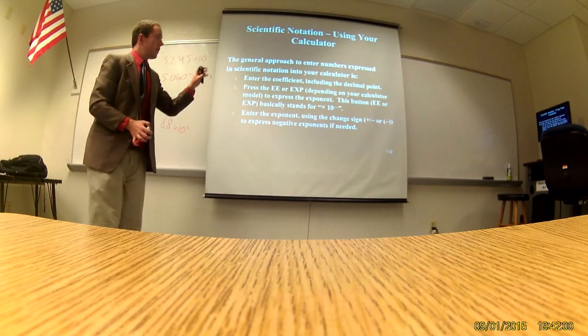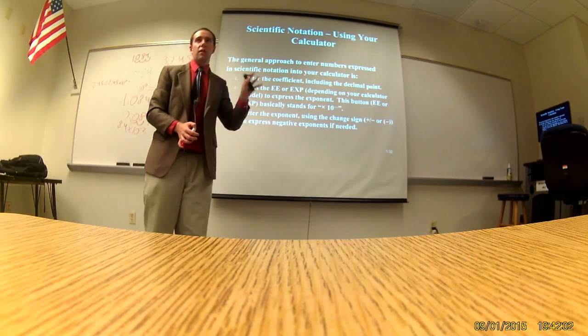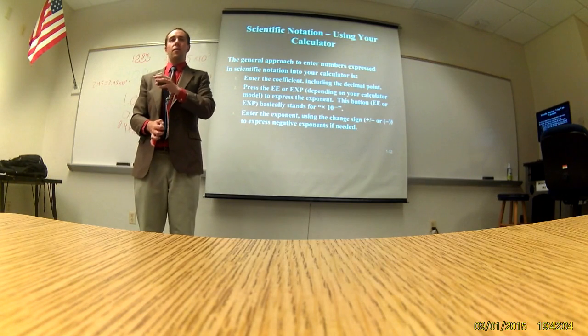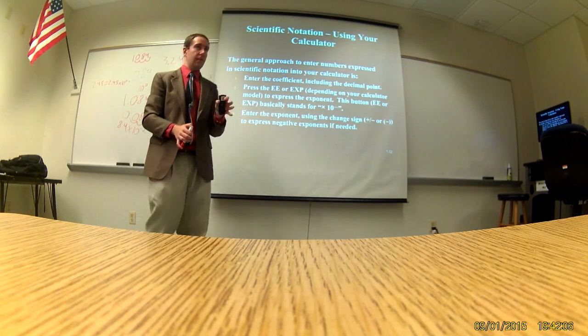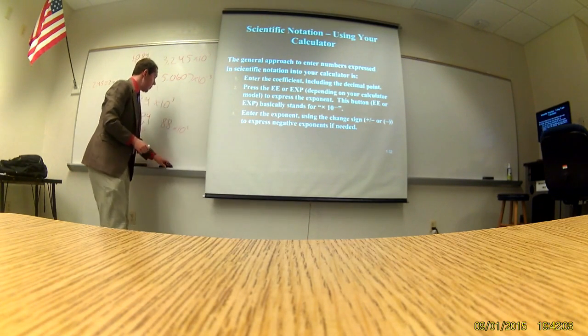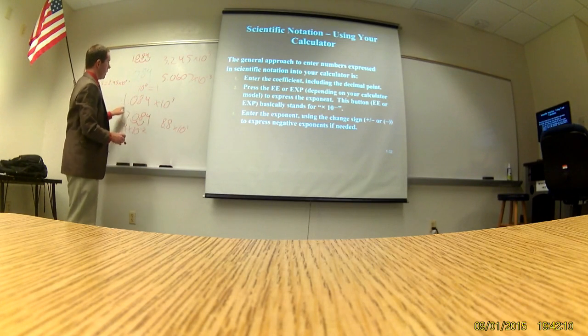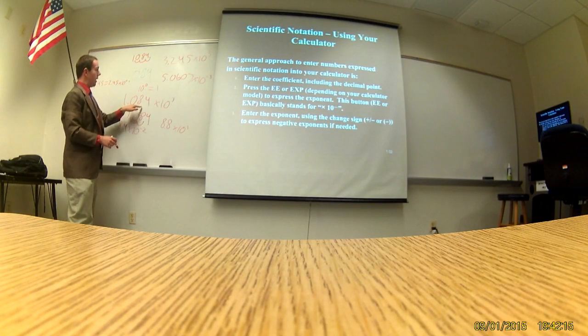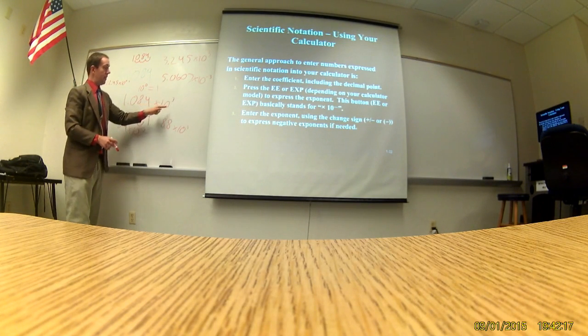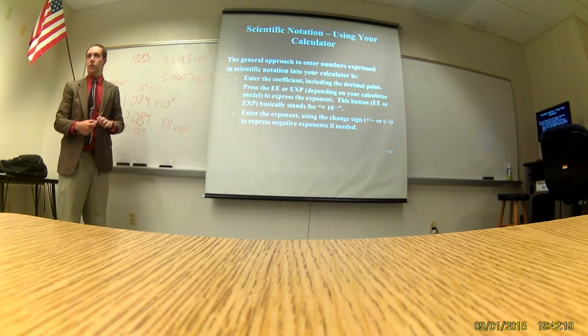Doing this in your calculator is going to depend just on your calculator. They're going to be different. Okay? You can put it into your calculator just like that. You can put 1.084 times 10 and then raise 10 to the third power.